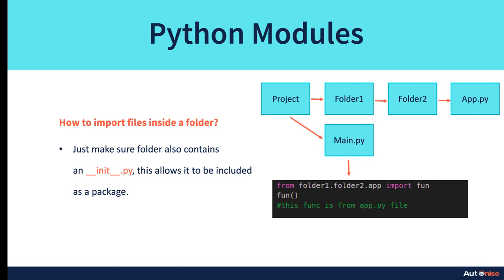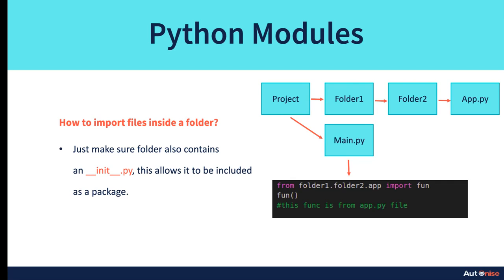This is where we need a relative import. So to include such files, the first thing we need to do is have our dunder init.py file located in the project folder and in all the folders where we want to access the files. What it does is it makes the whole folder a package. So Python can access each of the folders and all the Python files within the folder structure.